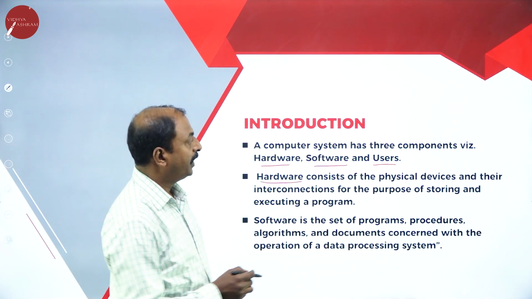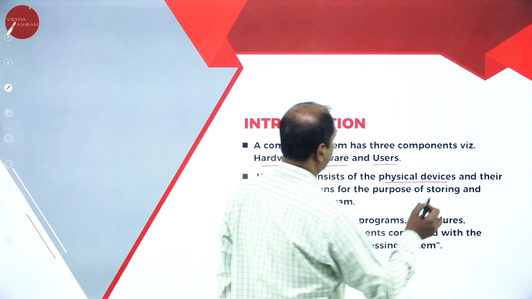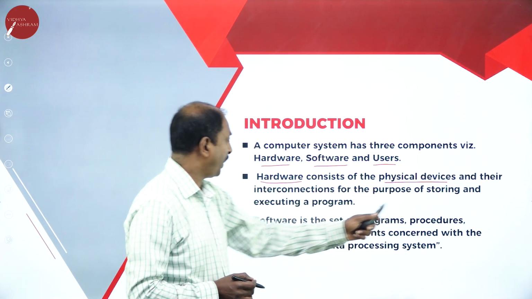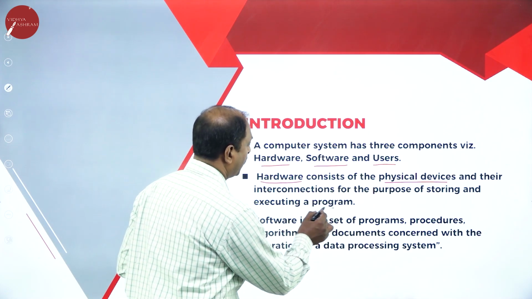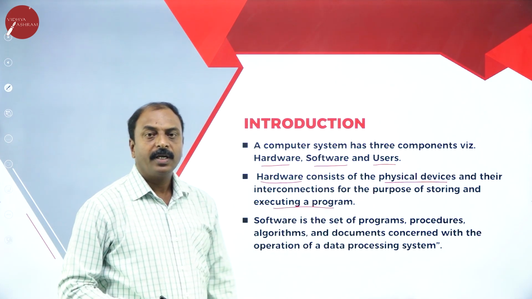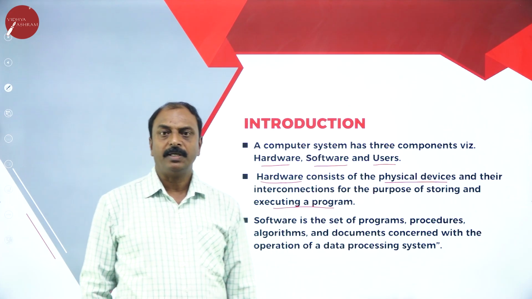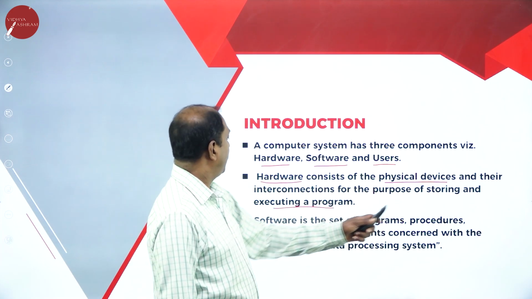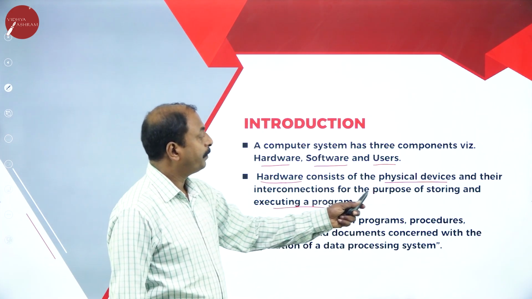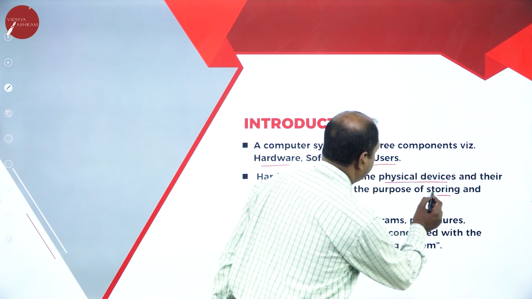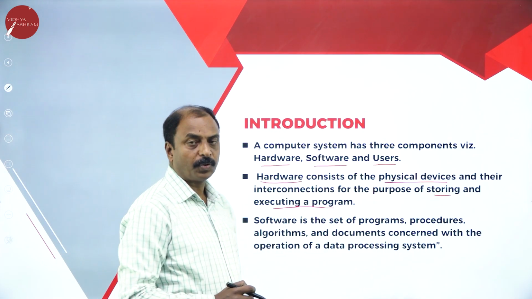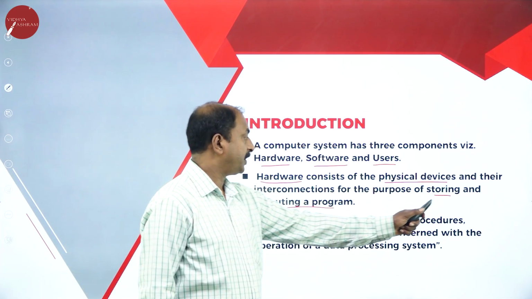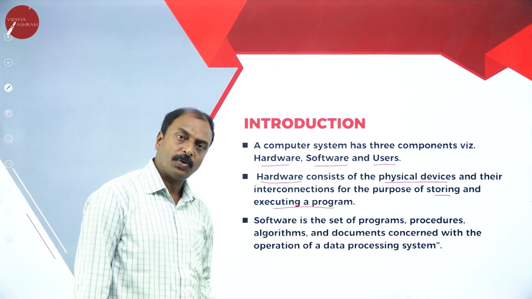Hardware is nothing but the physical devices or physical components and their interconnection for the purpose of storing and executing programs. The physical component of a computer system which we can touch and feel. The function of hardware is storing the instructions as well as executing programs.